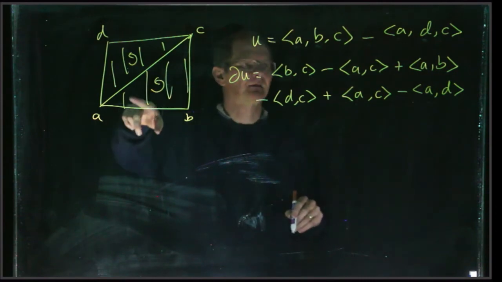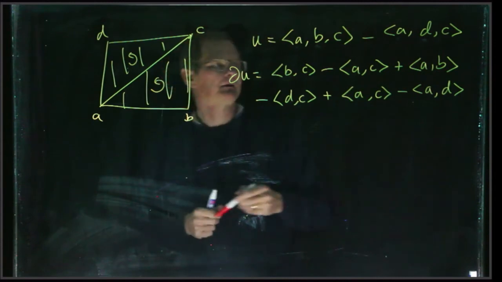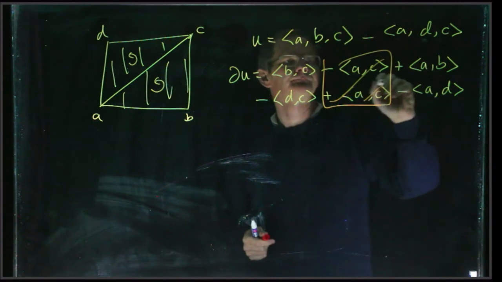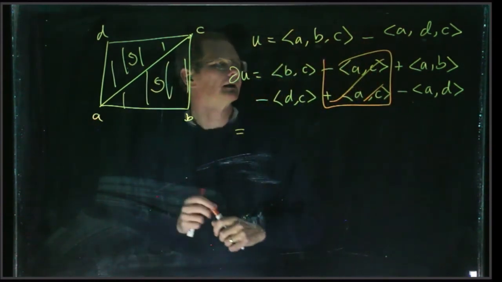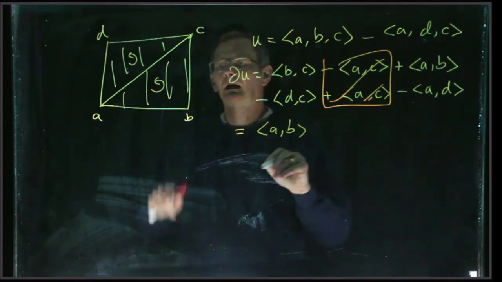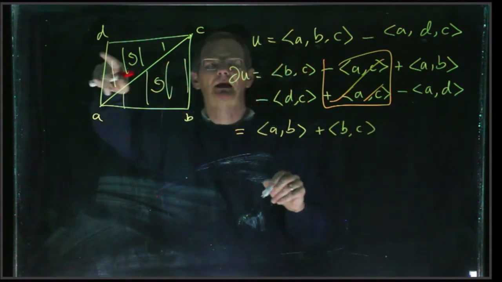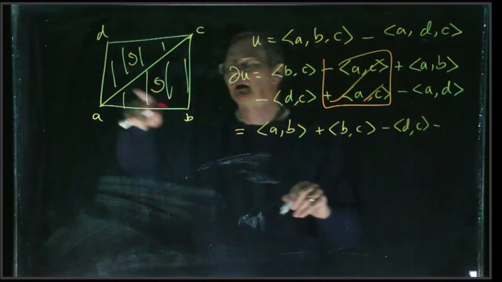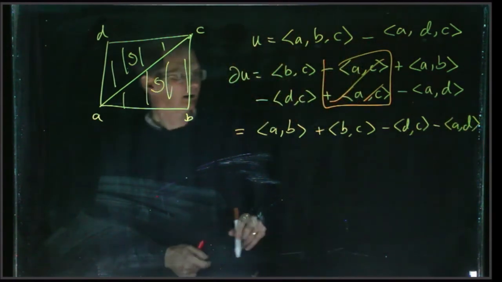We notice that the AC thing, the thing that cuts across the middle, comes with a minus sign here and a plus sign here, so these cancel. So we're left with an AB and a BC, and then a minus DC, and a minus AD.